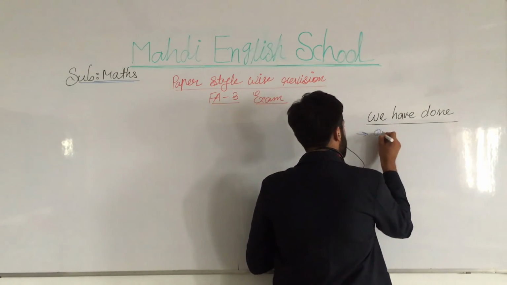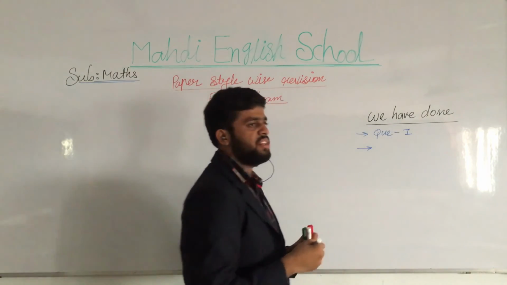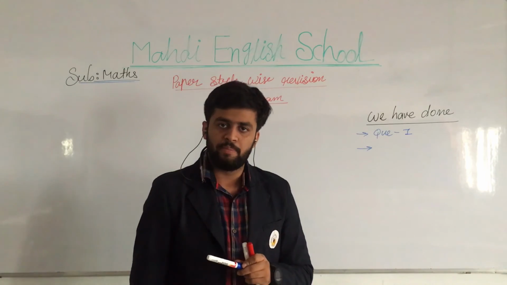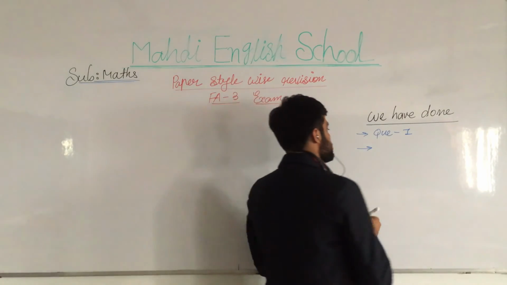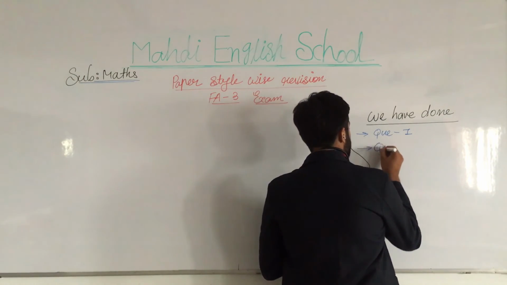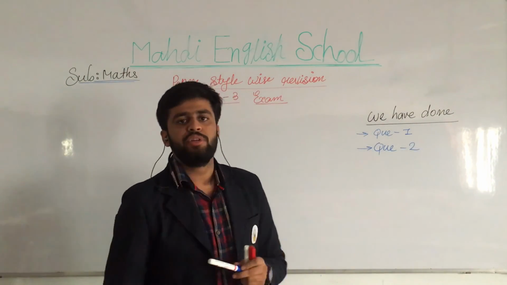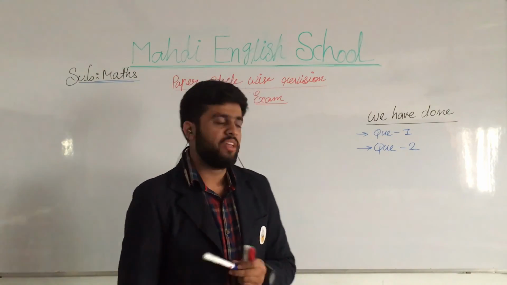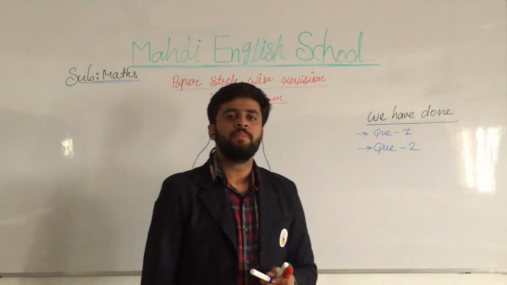I hope you all remember: we had to write the fraction for the shaded parts. That question is done, it is 4 marks. Then question number 2: say whether true or false. We have done that too, also 4 marks.